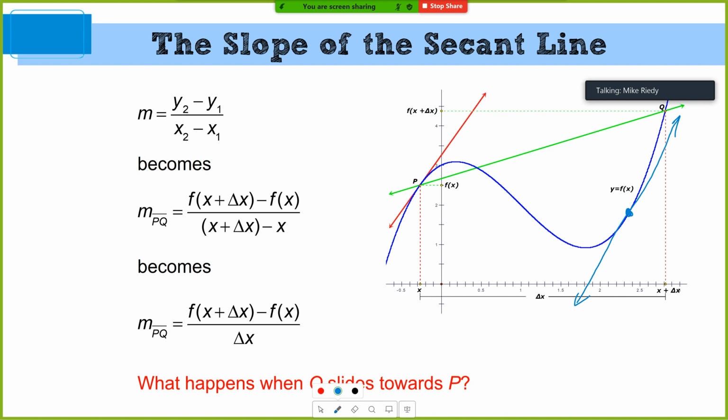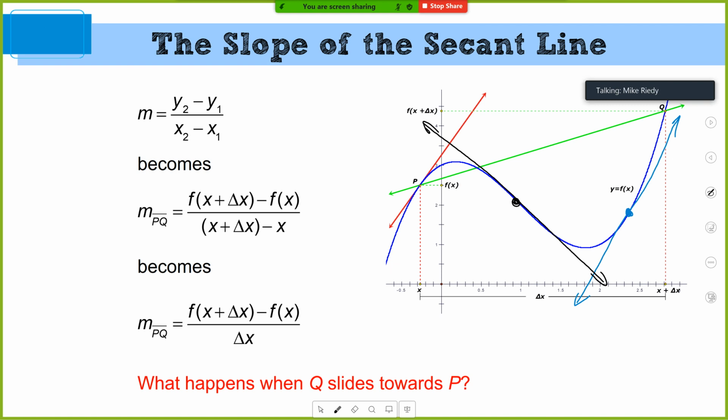However, if I picked a point over here, my slope would look something like this. So the actual value of the slope changes depending on where you are on the function itself.